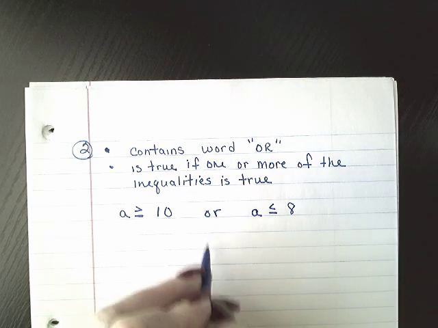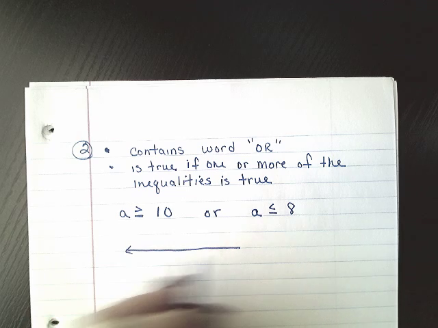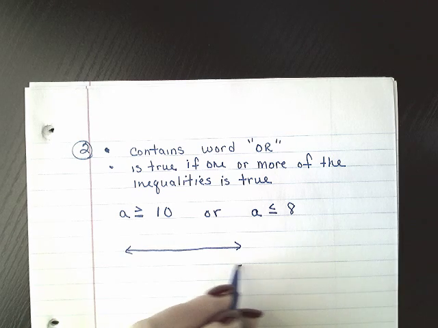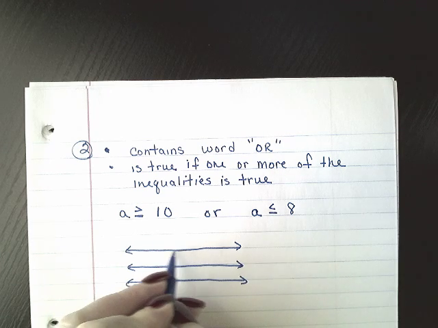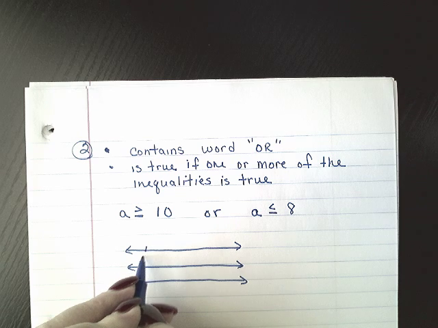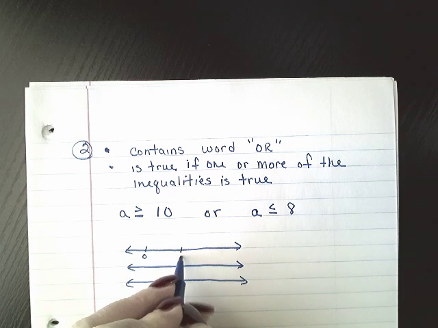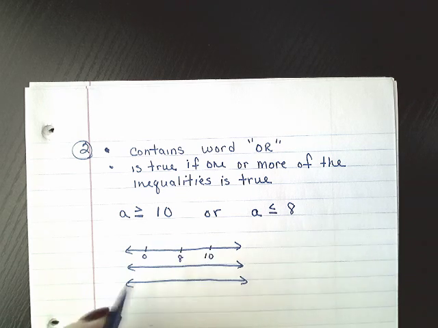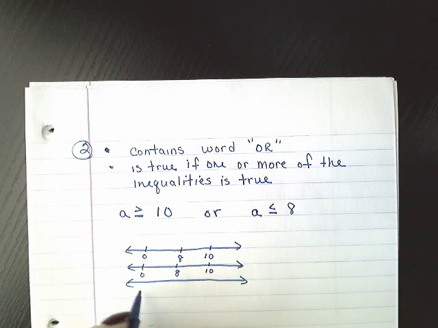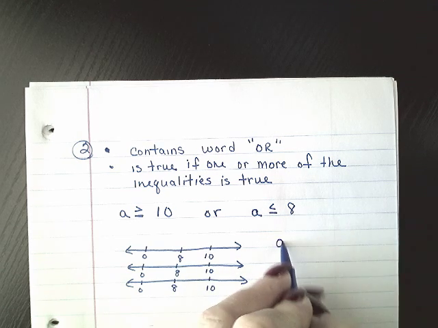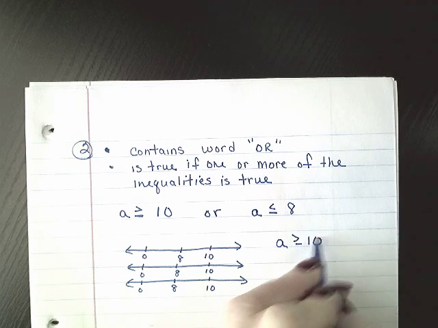Okay, so we'll do our solution set again. Do your 3 graphs. All right, so I'm going to put my 0 way over here. I'm going to put my 8, and I'll put my 10. All right, so a is going to be greater than or equal to 10.